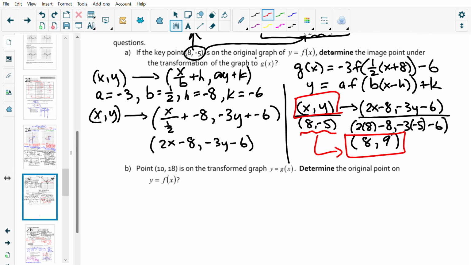Okay, last one. Is this the last one? Example 3? Sure is. Okay. Point 10, 18 is on the transformed graph y equals g of x. So we're continuing with the same transformed graph. Determine the original point on f of x.